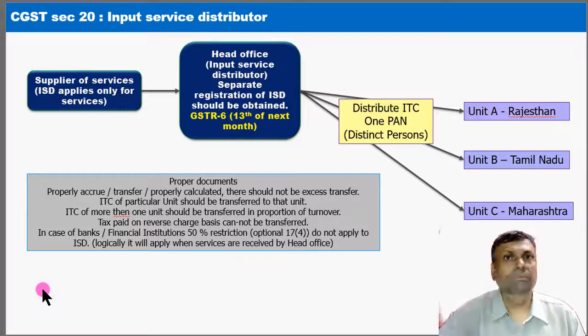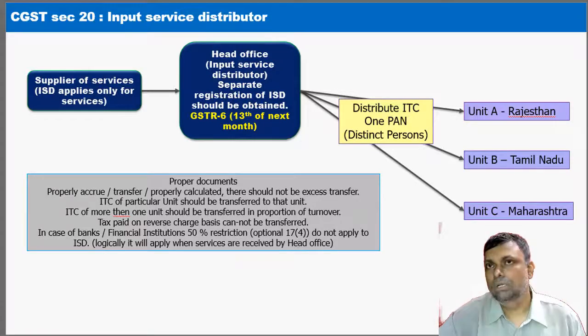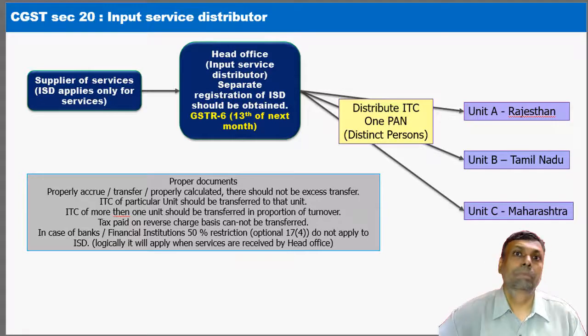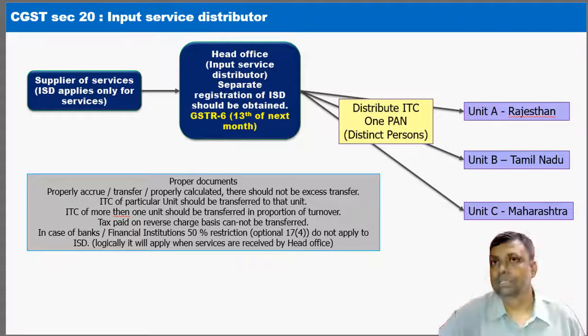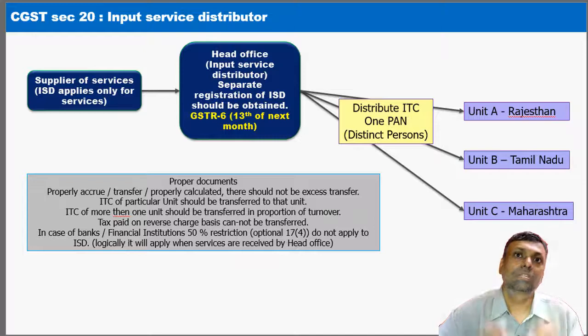So your Mumbai office in my particular example will have a lot of input tax credits, but it will have nothing to utilize, because those services are actually consumed or utilized at the distant places. So what does the input service distributor concept say? That your Mumbai office in my example has to register itself as an input service distributor.